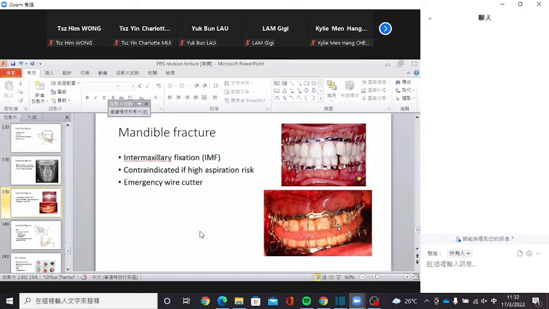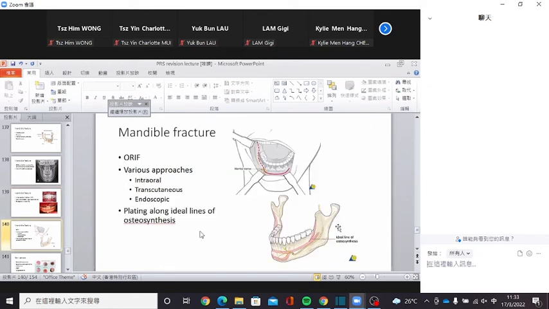So we will align the fractured mandible with the arch bar, and then we will lock the upper jaw and the lower jaw with wires to maintain this occlusion and let the bone heal at its correct position. But it's contraindicated if the patient has a high aspiration risk. Otherwise, we'll perform ORIF to put in screws and plates to fix this mandible fracture.